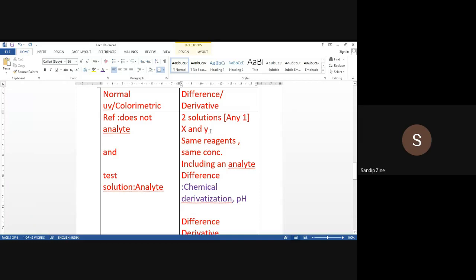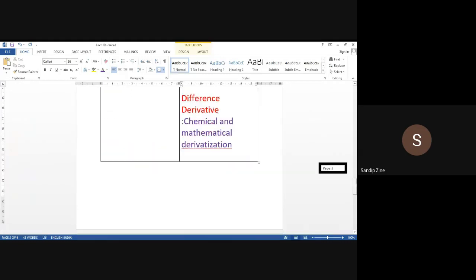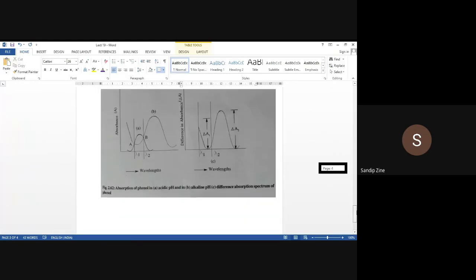For example, we have picked Y, so we will change the pH of this Y. We will not touch X, which remains as it is, but we will derivatize Y. We will record the absorbance of these two solutions on a graph, absorbance versus wavelength, as in this figure picked from Supriya Mahajan's book.